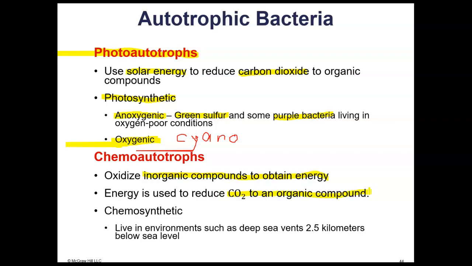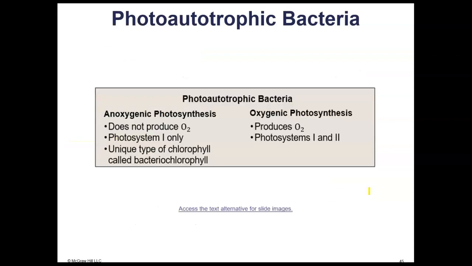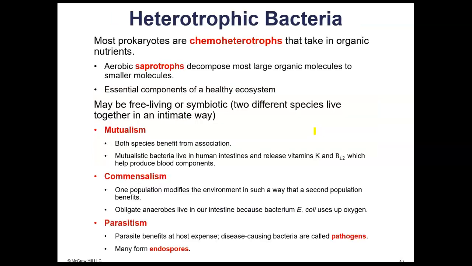A lot of these live in deep sea vents, 2.5 kilometers below sea level. So we have a table here that shows you the photoautotrophic bacteria: the ones that carry out photosynthesis but don't produce oxygen are anoxygenic, and the ones that carry out photosynthesis and produce oxygen are the cyanobacteria.